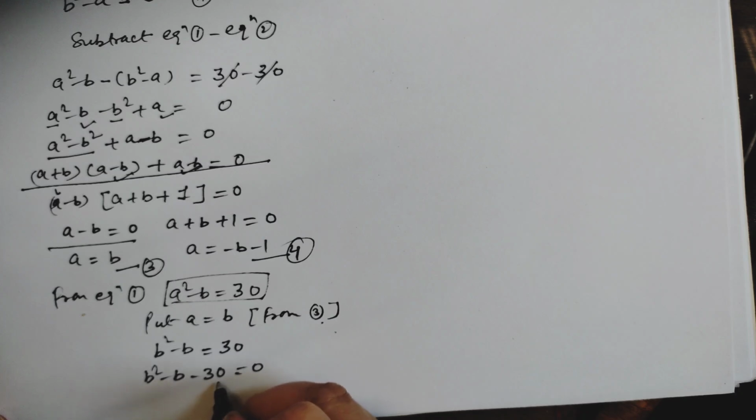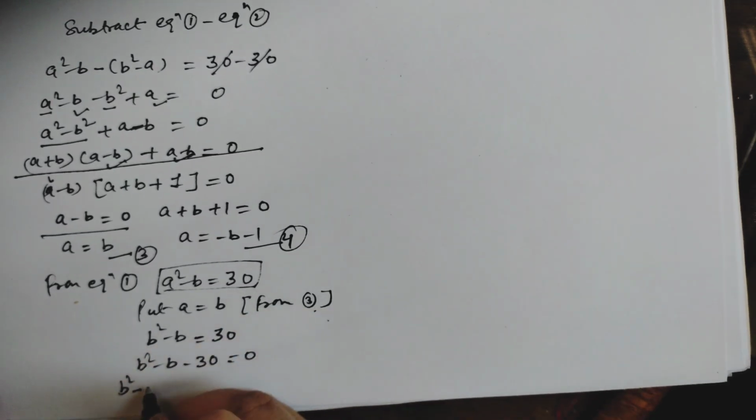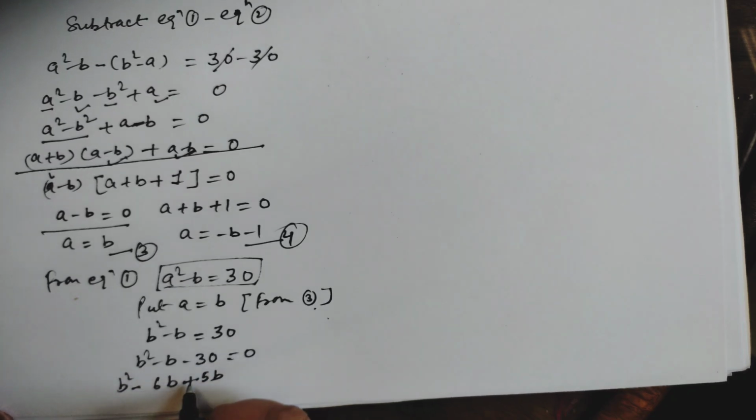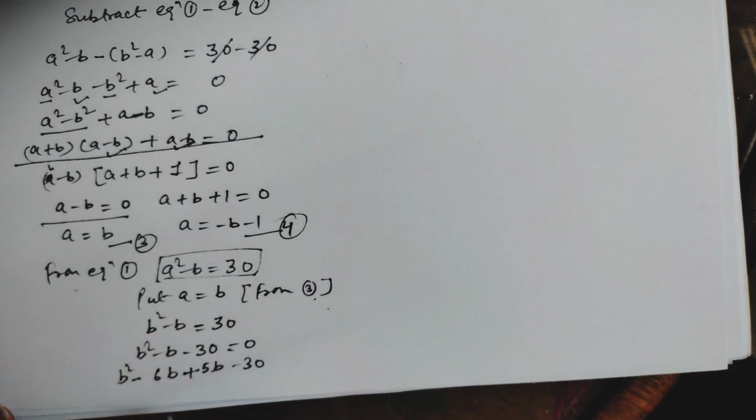Take the two factors of 30, which are 6 and 5, as 6 fives are 30. So it is b square minus 6b plus 5b, so minus and plus, and 6 minus 5 is 1b, so minus b, minus 30. So there are 2 factors.